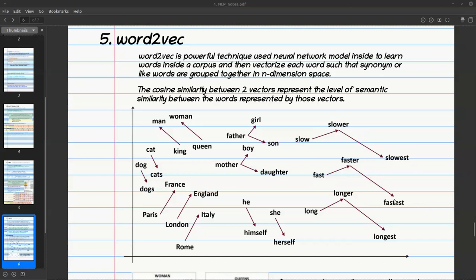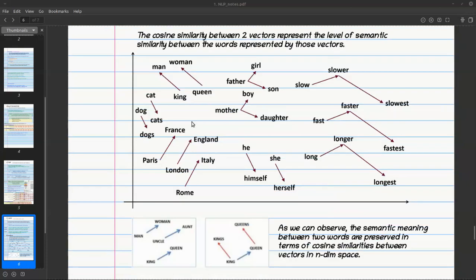This will happen in word2vec. It uses some kind of neural network model inside, and it will learn all this if you give it the whole corpus. Google has given whole news data, and it learns all these beautiful things. Even the Paris, France capital information is also preserved.